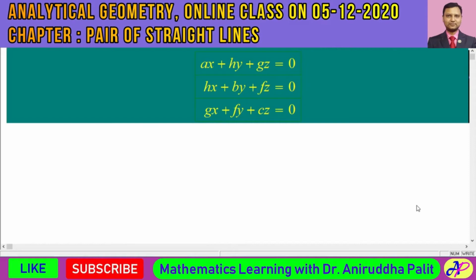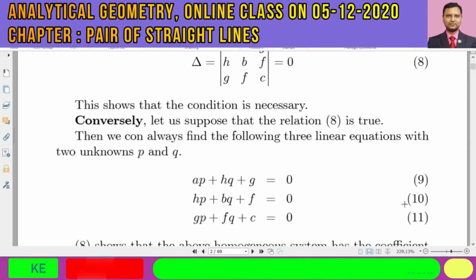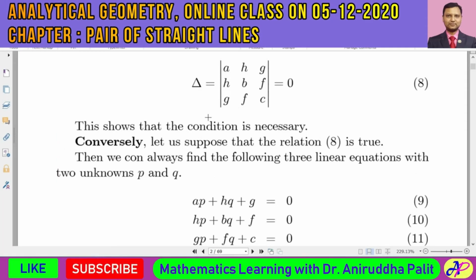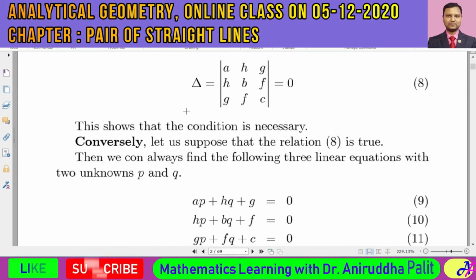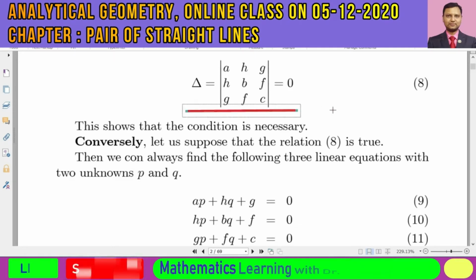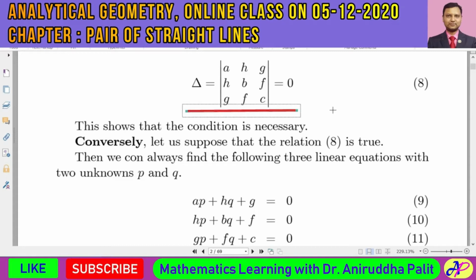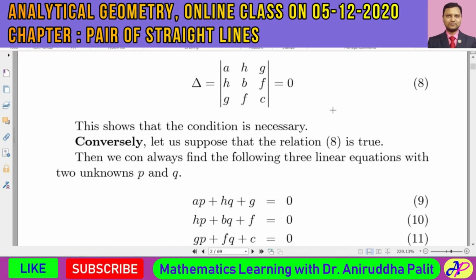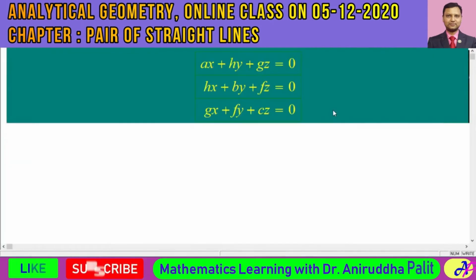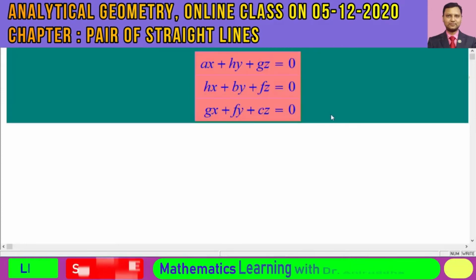And what is the condition under which these three equations have a non-zero solution? The condition is that this determinant delta should be equal to 0. This is the determinant of the coefficient matrix. And the result says that if the determinant of the coefficient matrix is equal to 0, then this equation has a minimum of one non-zero solution.